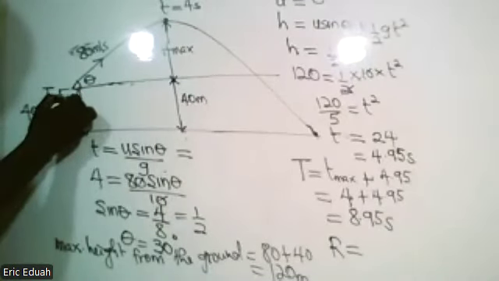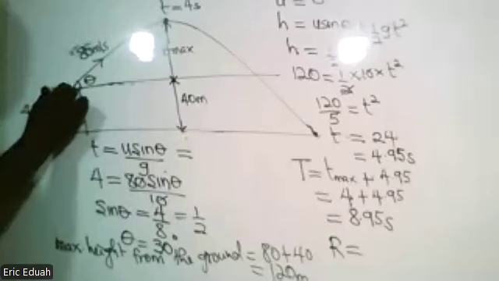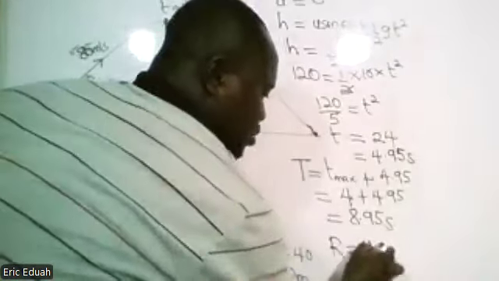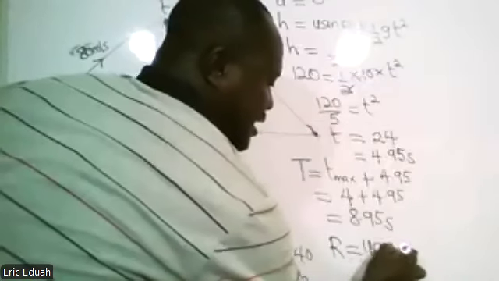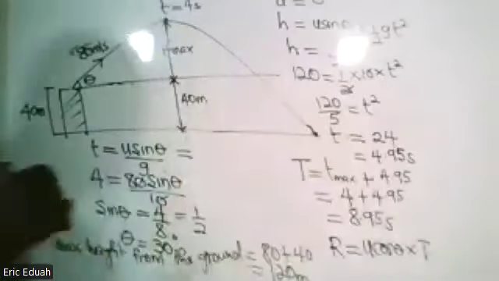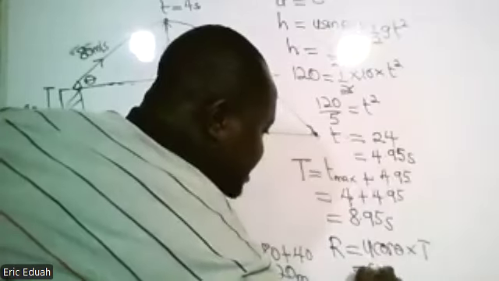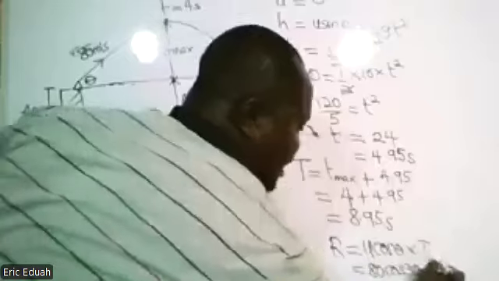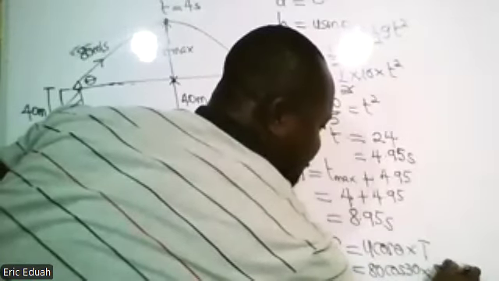From the starting point to the landing point, the range is equal to u cos theta, which is constant, times the time of flight. So 80 cos 30 times the time of flight of 8.95, and you are good to go.